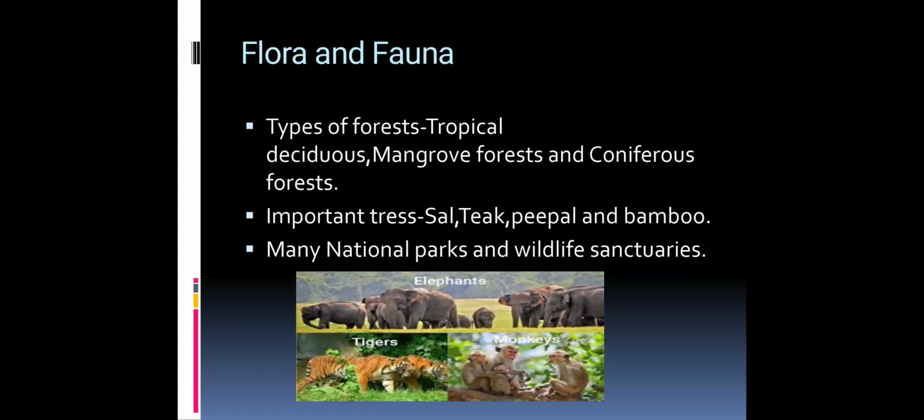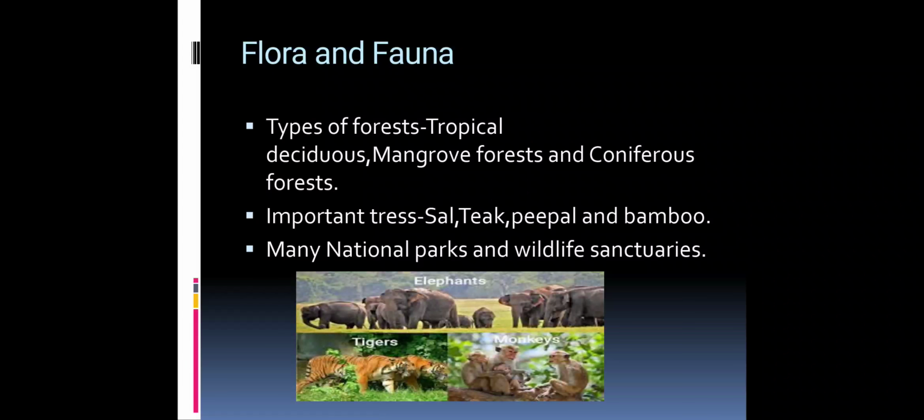Plus a number of forests have been cleared to provide land for agriculture. Talking about the wildlife, there are many national parks and wildlife sanctuaries here in the Ganga Brahmaputra basin. Some of the animals found here are elephants, rhinoceros, tigers, deer and monkeys.